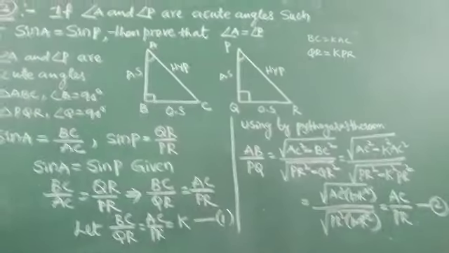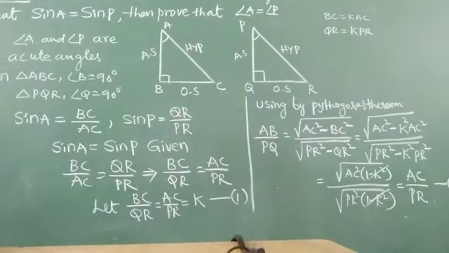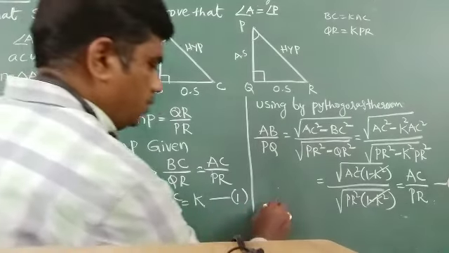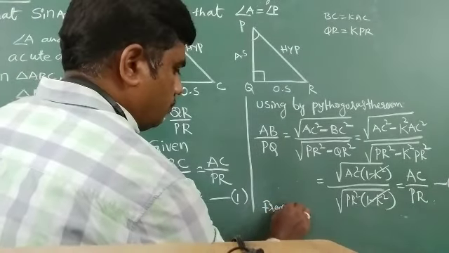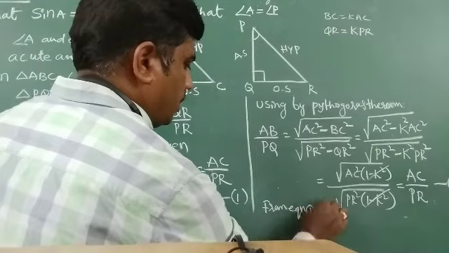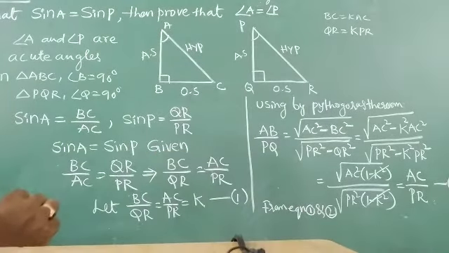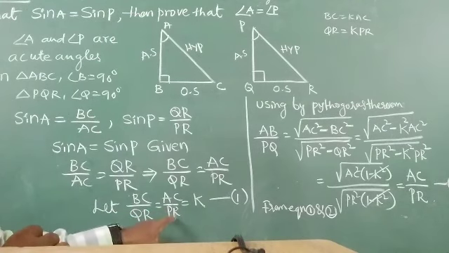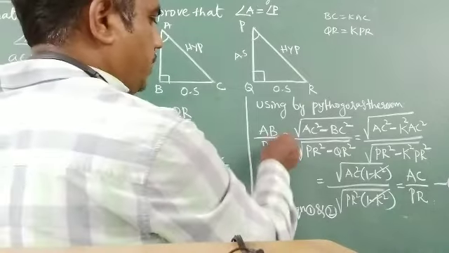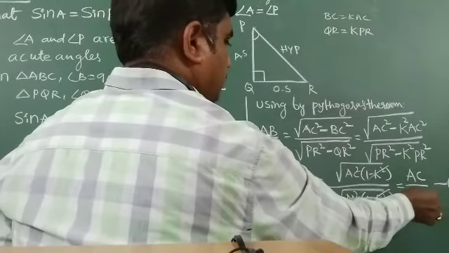Now see, from equation number 1 and 2, we can conclude. Equation number 1 is BC by QR equals AC by PR.